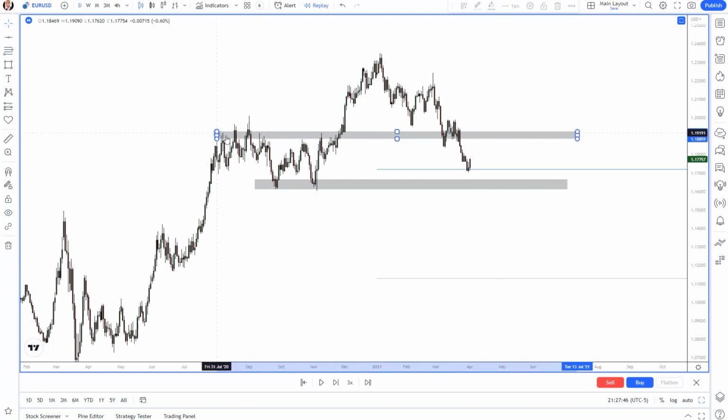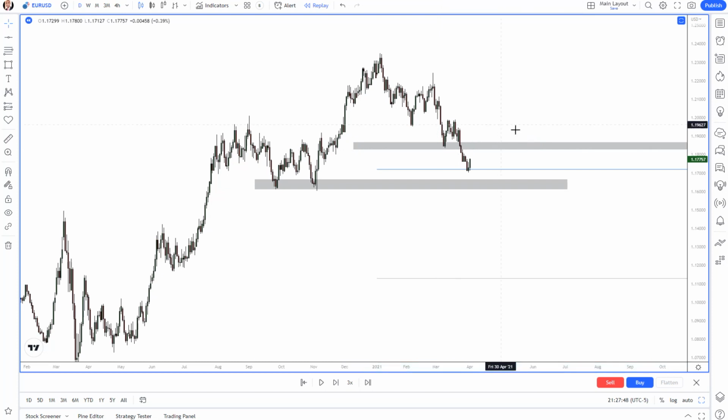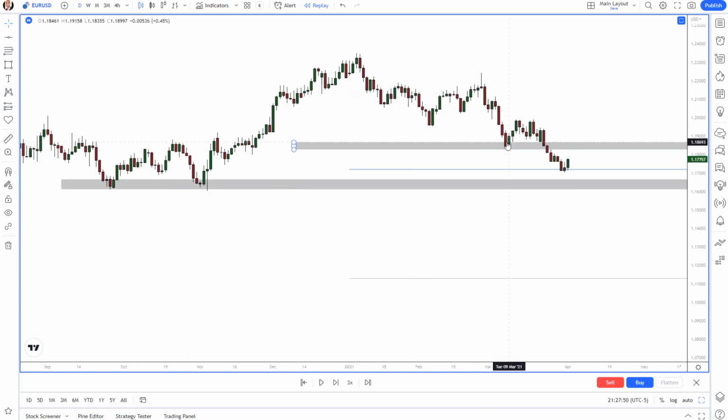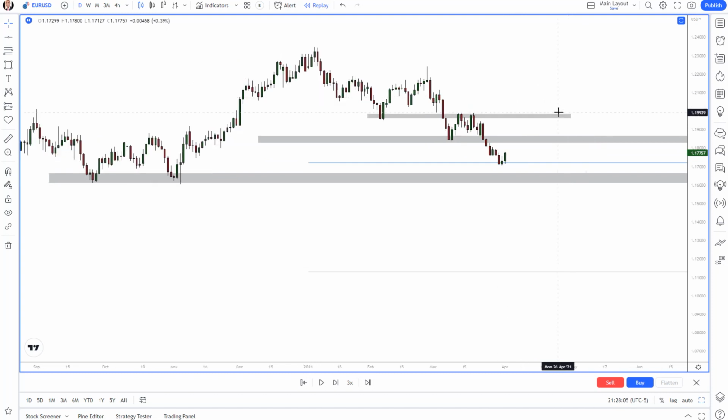Or am I looking for this zone here, of this previous support? There's no way of knowing if this market's going to go up here and then continue down, or if it's going to head up to this next level, which I could draw out. So there's just no way of really knowing which levels are valid and which levels are not.